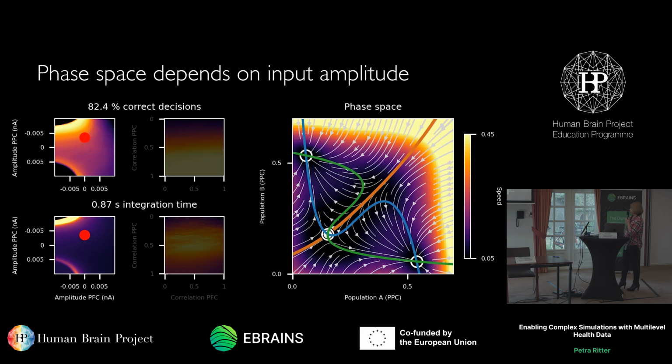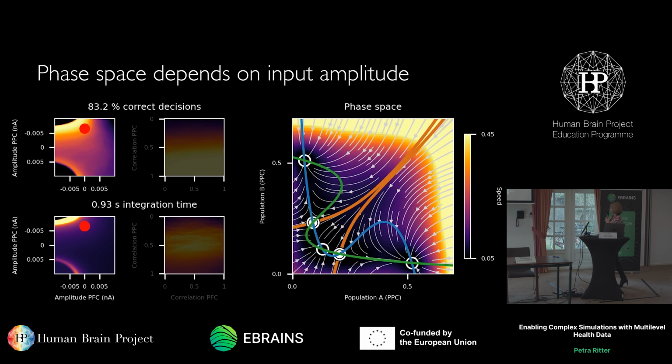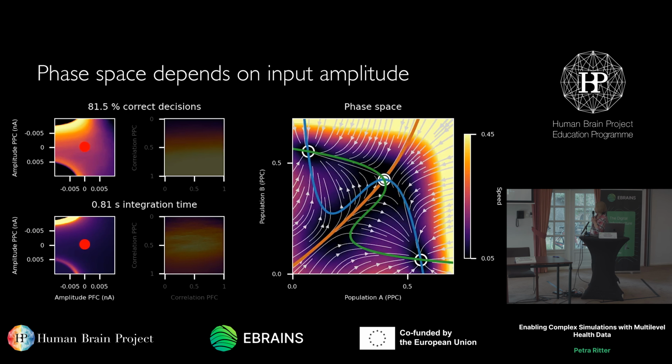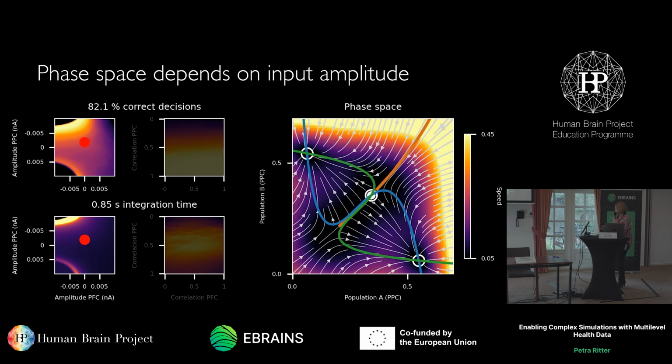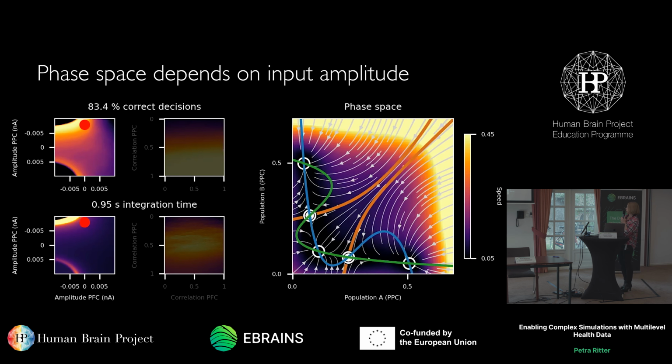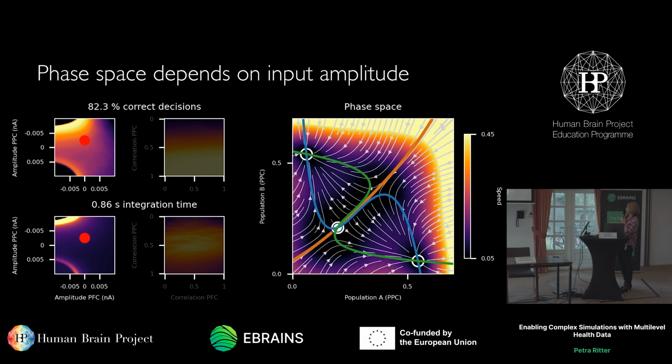So now, since we have dynamical systems theory, we can also use its tools and look at how the differential performance, depending on the degree of correlation and input amplitude, occurs in our system. And this is described here. So what you see here is a phase portrait.